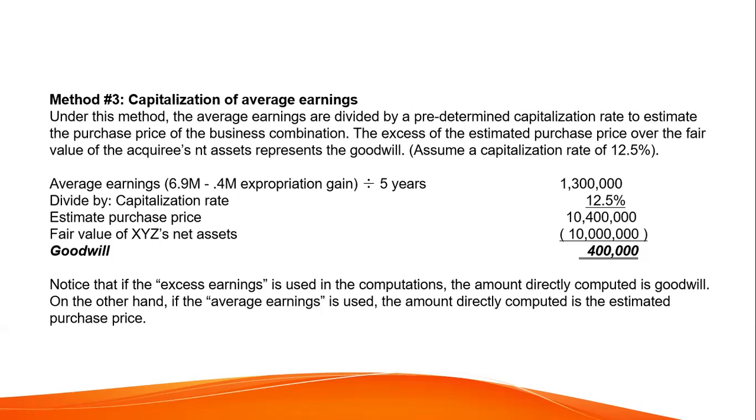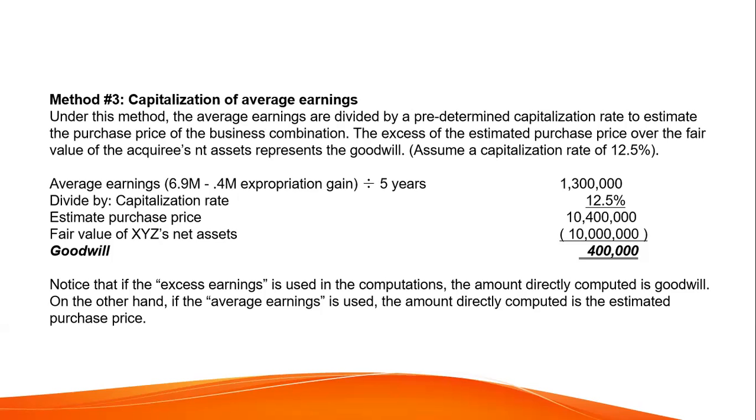Here, we have the capitalization of the average earnings. So the average earnings that we have here is already computed as the goodwill. Our average earnings of 1.3 million, and then that's the amount that we capitalized. Meaning we divided 1.3 million by 12.5%.